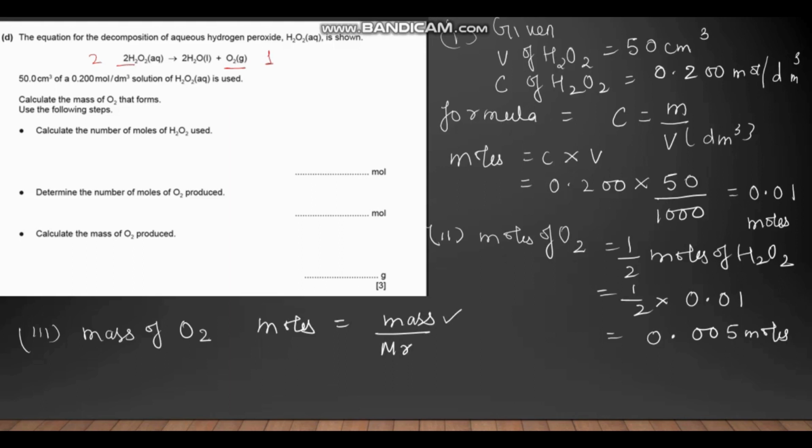As I have to calculate mass, that will be moles multiplied by molar mass. I have the moles here, for oxygen 0.005, the molar mass of oxygen O2 is 32, and the answer will be 0.16 gram.